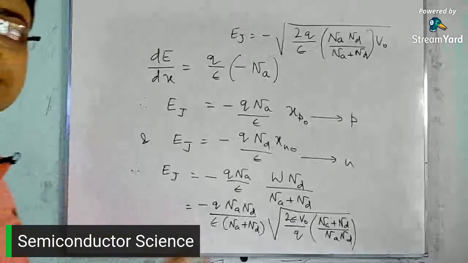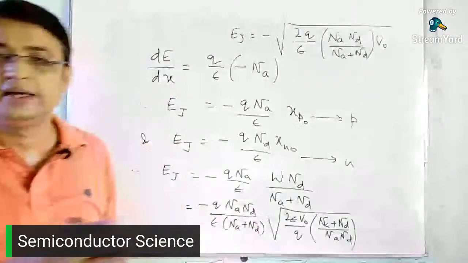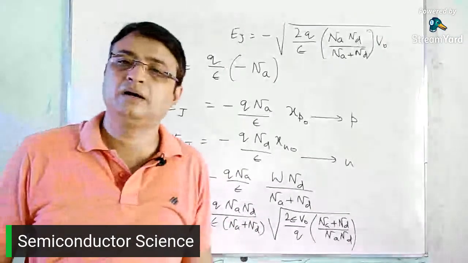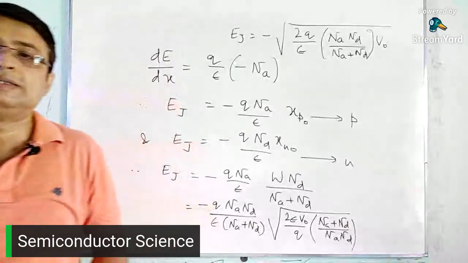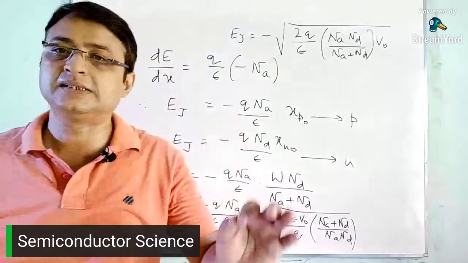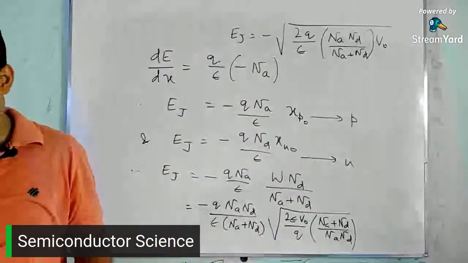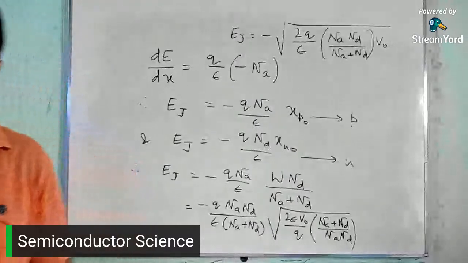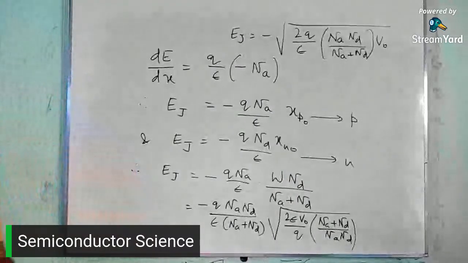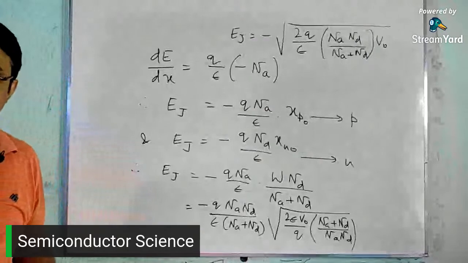We have already deduced that earlier today. So that is the value for zero applied bias. Under bias conditions, the same analysis is valid.